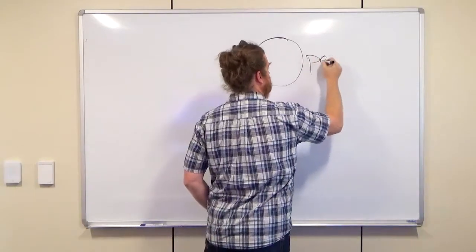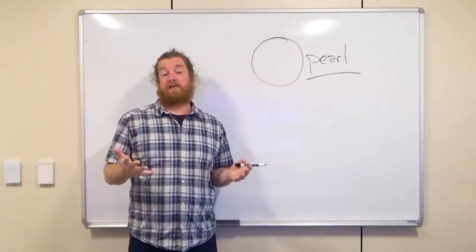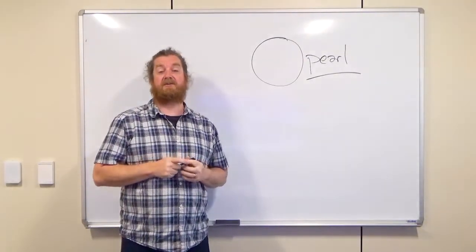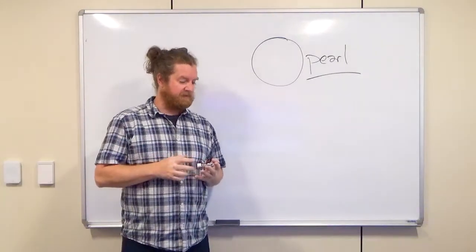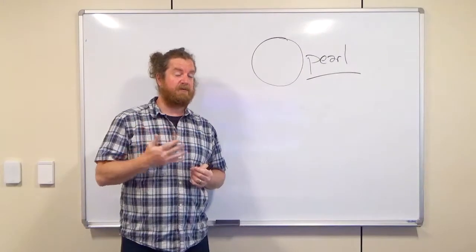Pearl. So I know this is not a traditional geology class. One of the things that we learn about in a traditional geology class, like physical geology, is that there are 5 qualifications for something to be considered a mineral.